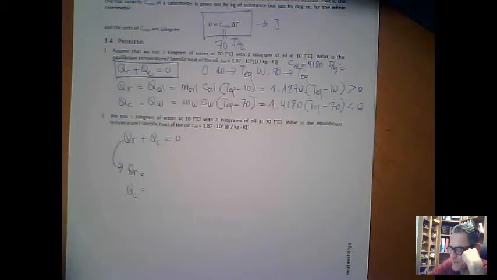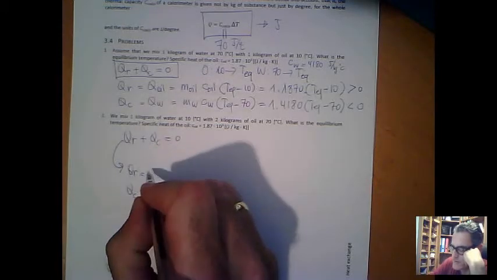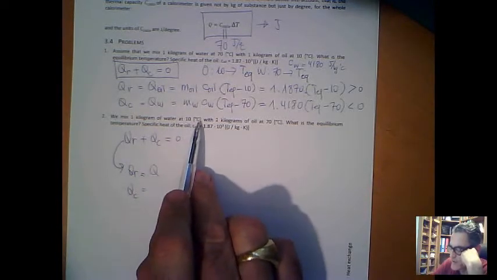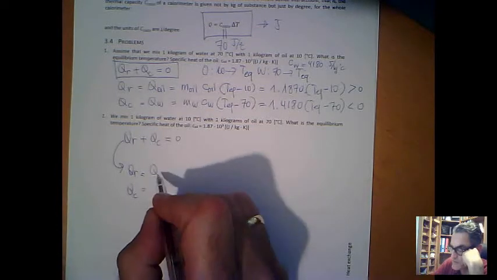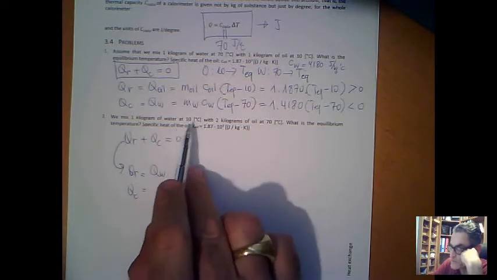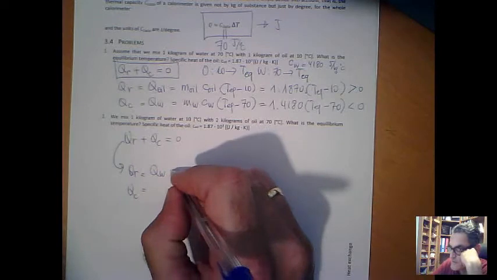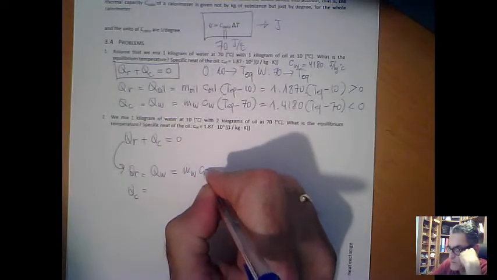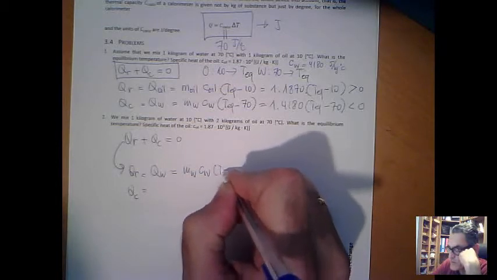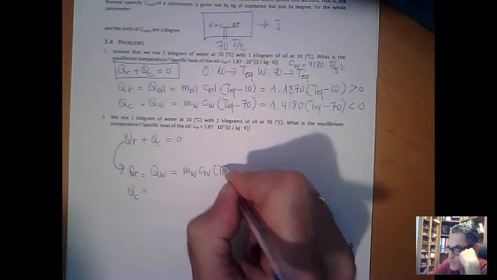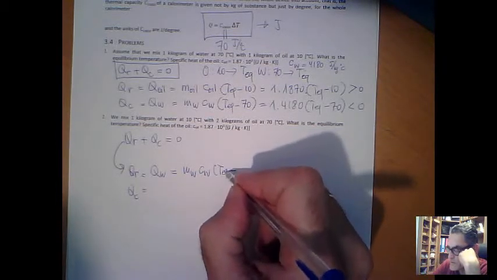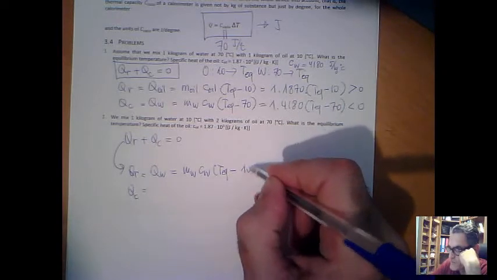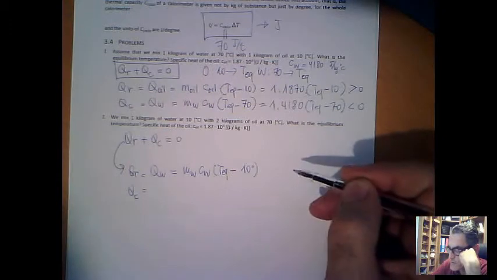Okay. So the quantity of heat which is received now by the water, because the water is colder, okay? So it's the mass of the water times the C of the water times the equilibrium temperature, this is TEQ, minus the initial temperature of the water, which is 10 degrees.